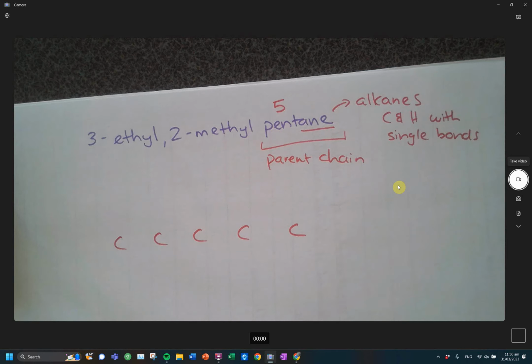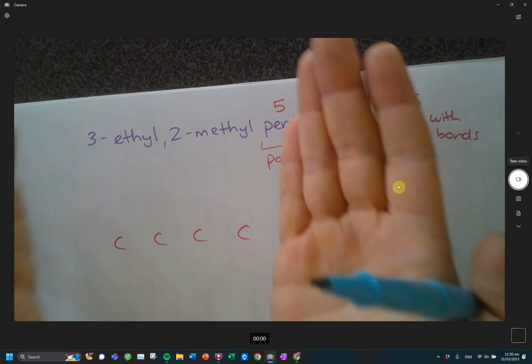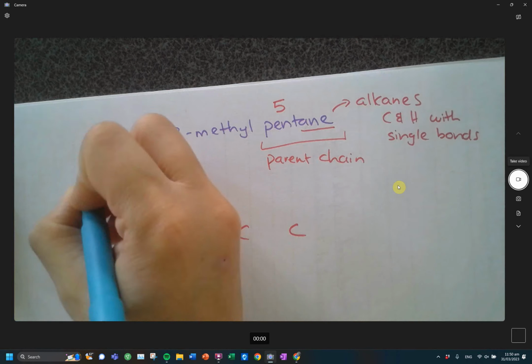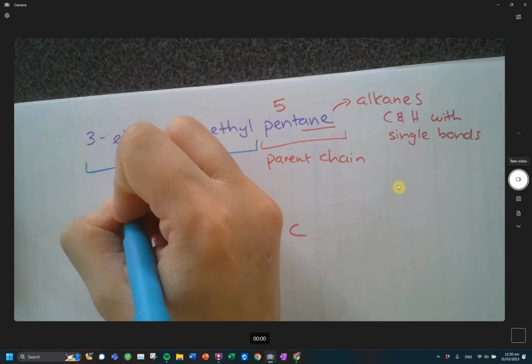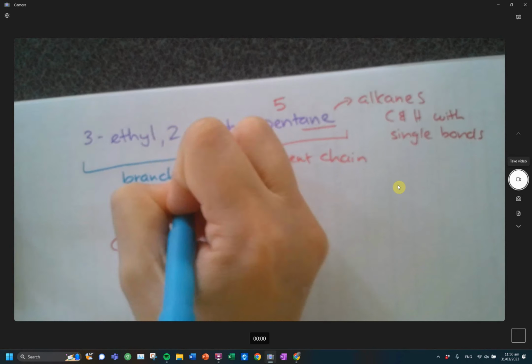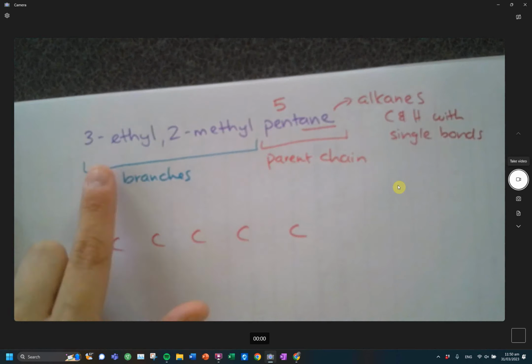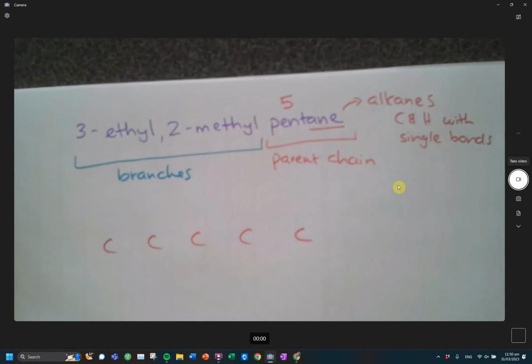All right. So the next thing I then look at are my branches, and these branches are being referred to before. The numbers tell me location on the parent chain.